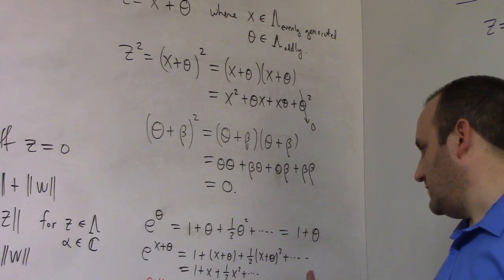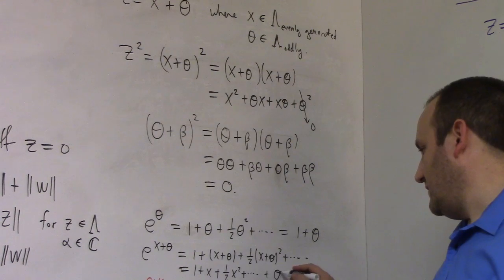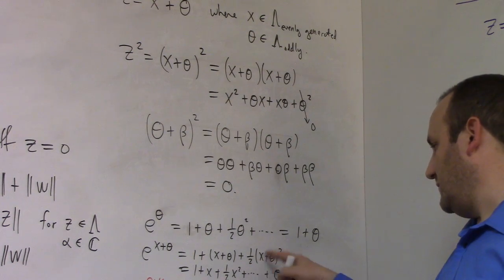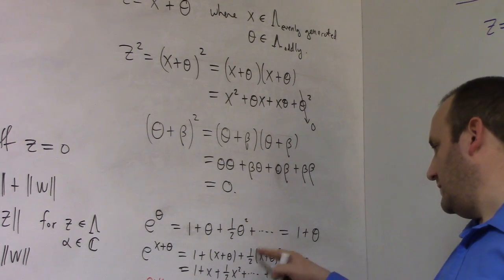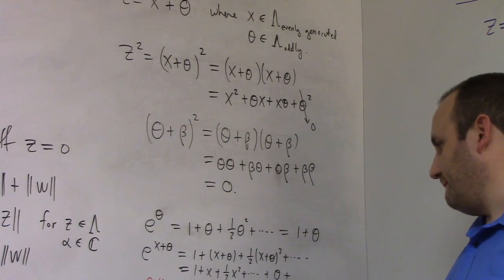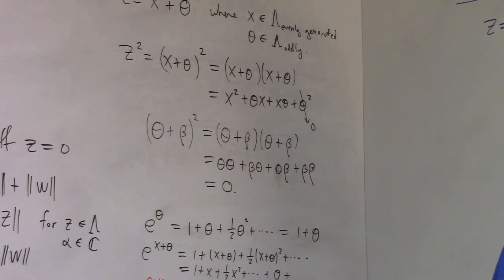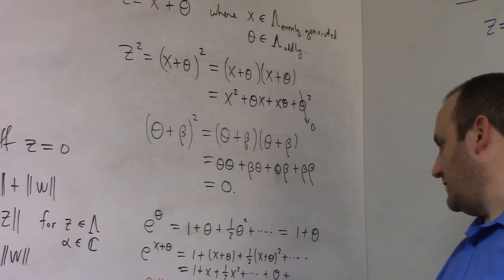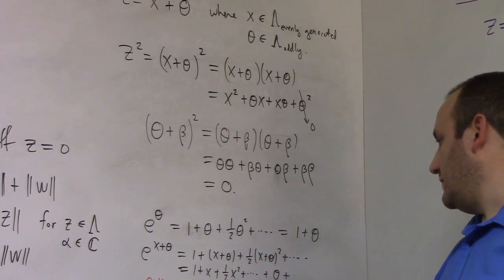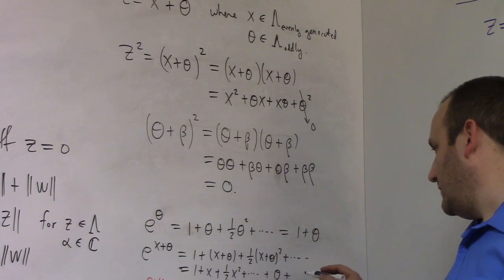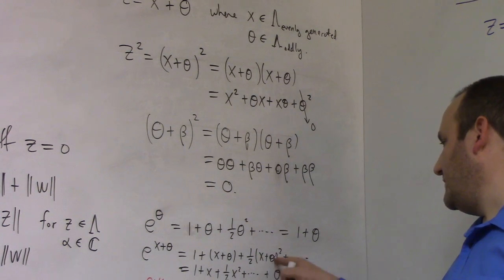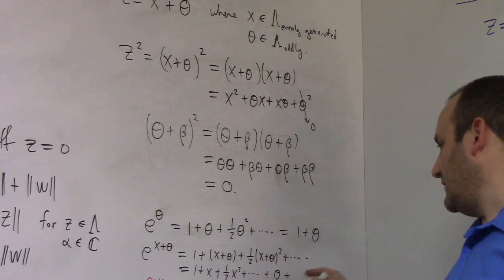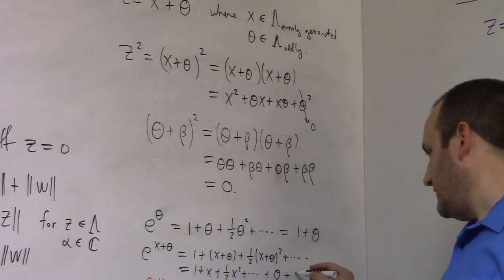What remains? You've got a plus theta, right? This one gives you x squared plus x theta plus theta x. I've got the x squared over here. So it'd be 1/2 theta squared, which would be 0. But there's also the x theta term, and there are 2 of those, right? So it's just x theta.